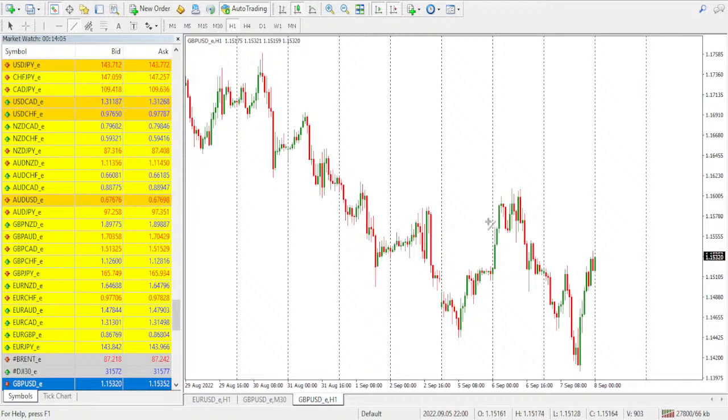Assuming you have price move up in this manner, like the price goes up and then it pulls back down, then it goes up and then it pulls back down, then it goes up like that, and then it pulls back down like this.